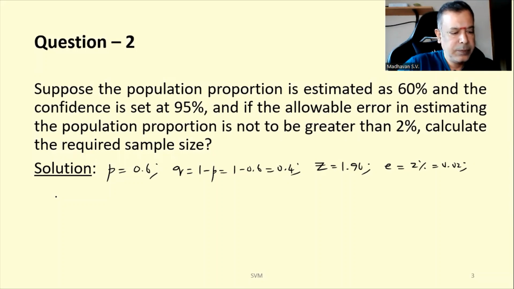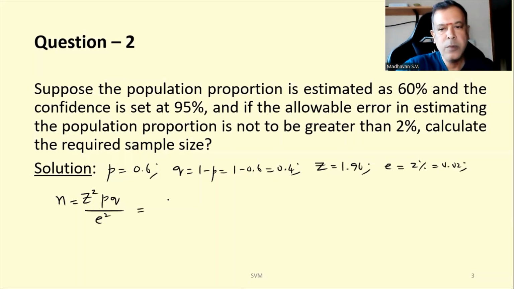So n will be Z square times p into q divided by E square. That will be now, Z square is 1.96 the square, p is 0.6, and q is 0.4, divided by 0.02 the square.